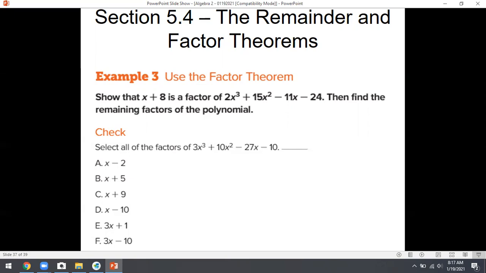Because you're claiming that x minus 2 goes into this thing. If it goes into it evenly, your remainder should be 0. So in practice, all your remainders should be 0. And now we know that when we divide by x minus 2, this was the other stuff that went into it. So this factors into 3x squared plus 16x plus 5.